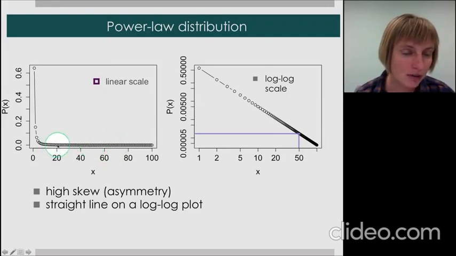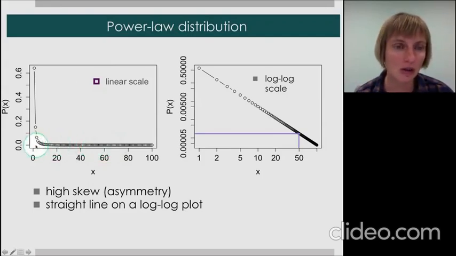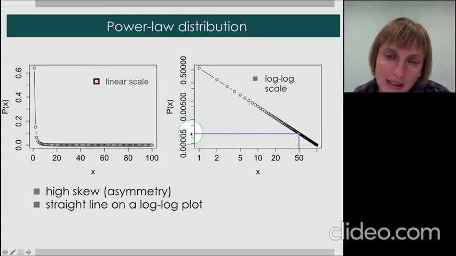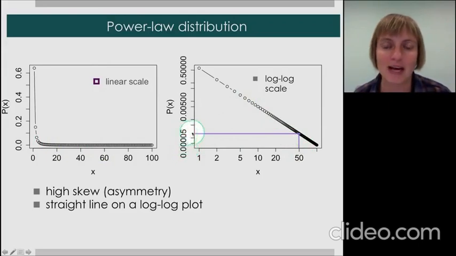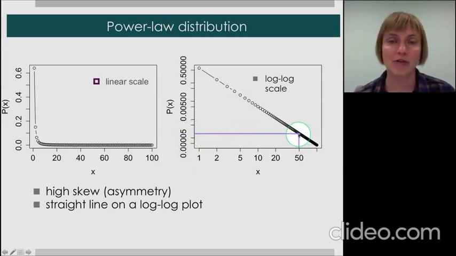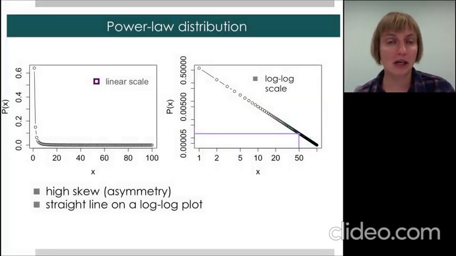It doesn't look any different than 20, which actually looks like the value is 0. But if we replot this on a log-log scale, what we see is that the probability of having degree 50 is somewhere above 0.00005. Now, this may seem like a very, very low probability, but if you have a network of 100,000 nodes, you would expect on average 5 of them to have exactly degree 50.